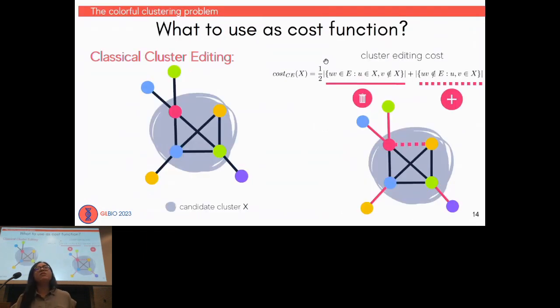So what can we use as a cost function? In computer science, there is the classical cluster editing cost, which is here.